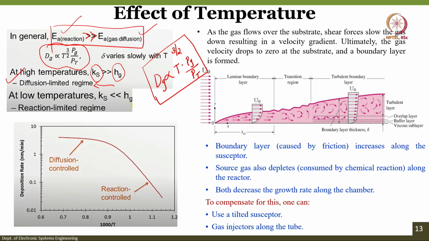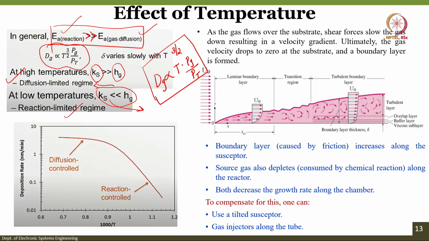At low temperatures, the surface reaction significantly reduces compared to the diffusion process, so Ks would be lower than Hg, and as I said, whichever is the slower process would be the rate limiting step. Here the reaction rate will be the rate limiting step in the CVD process. So at low temperature, the CVD technique operates in the reaction limited regime.